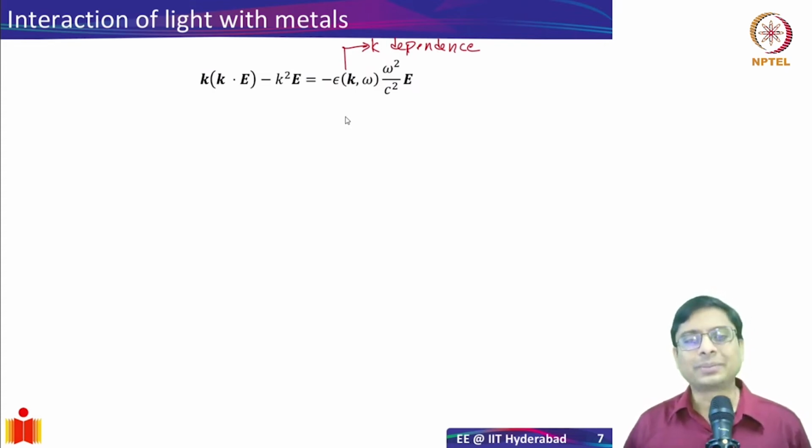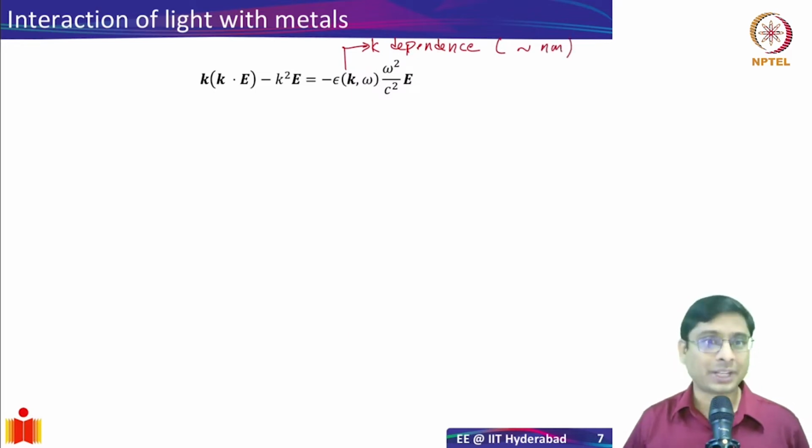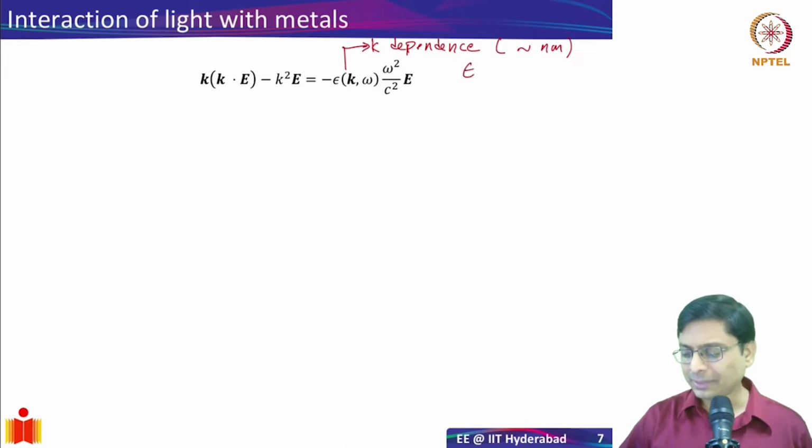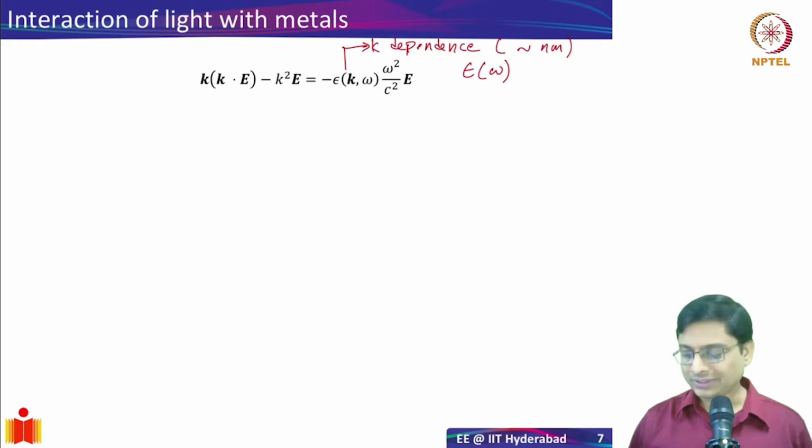What it essentially means is that epsilon can even depend on the size of the structure, but this is only applicable when the structures are very, very small, for example thin films of less than 1 nanometer or so, or nanoparticles of less than nanometer scale. If the object is of that size, then we have to worry. If it is not, then we don't have to worry, and we'll simply call it epsilon of omega. So epsilon only depends on the frequency, as we have seen last time. This is just for the sake of clarification. So yes, this equation is valid.